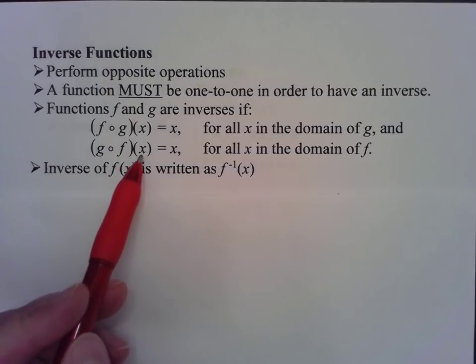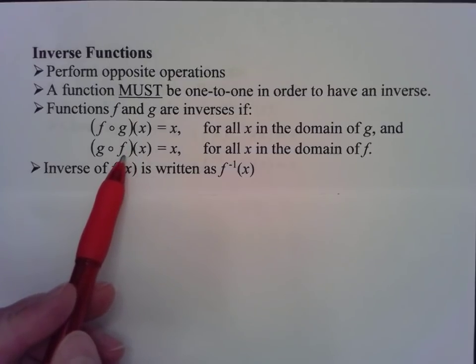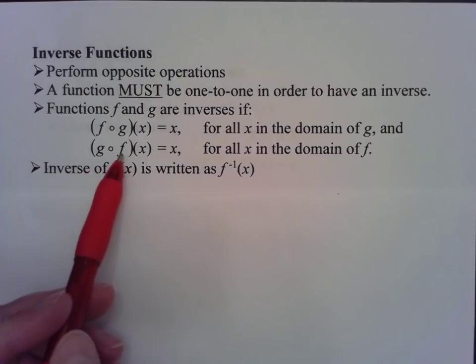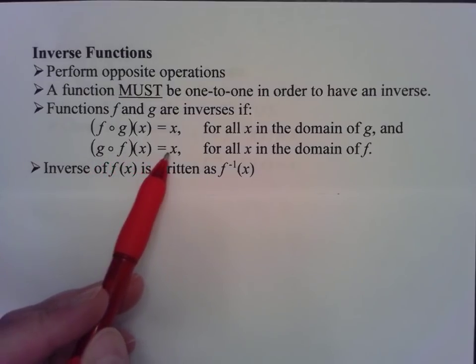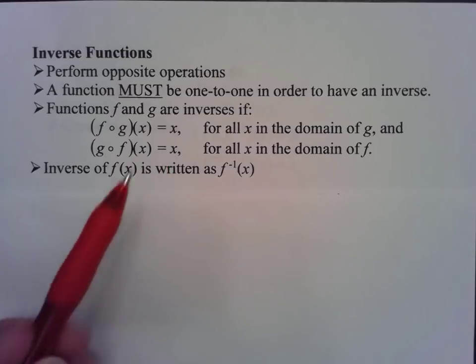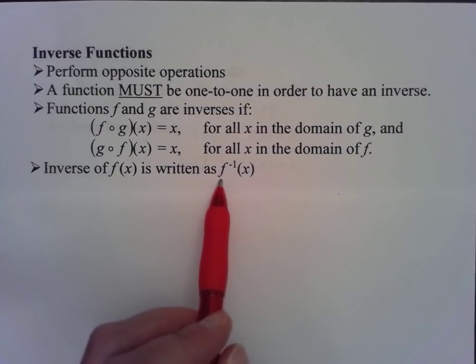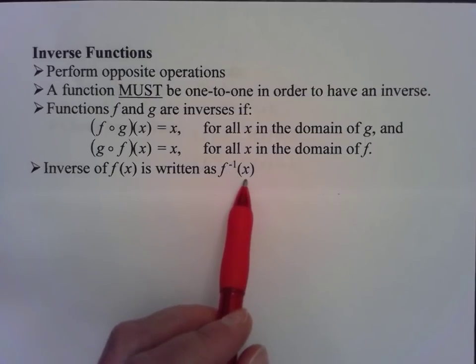Likewise down here, I start with an x, I apply the operations of f, and then I apply the operations of g, and the operations of g counteract the operations of f, and so I get back to my original x that I started with. Okay, and then the inverse of f of x we write as f inverse of x.